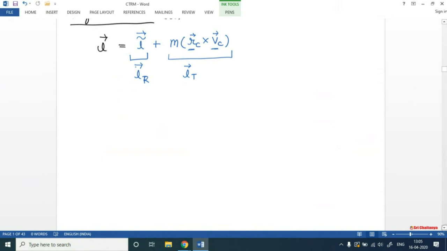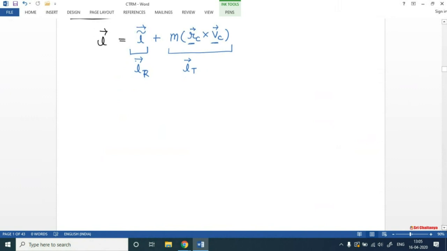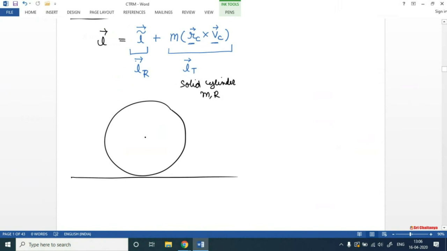So in order to get it more clearly, let's look at one simple example over here. Let's say we have a solid cylinder of mass m and radius r, and let's say this is rolling as well. So this is v naught, and there would be omega which will be equal to v naught by r.